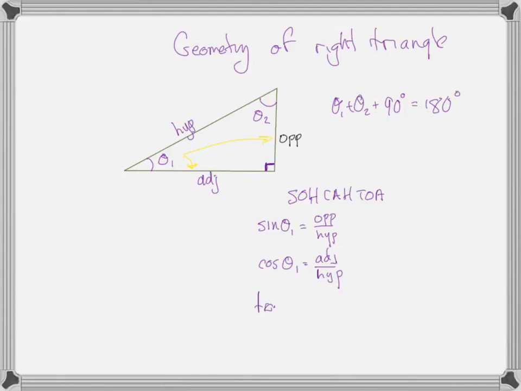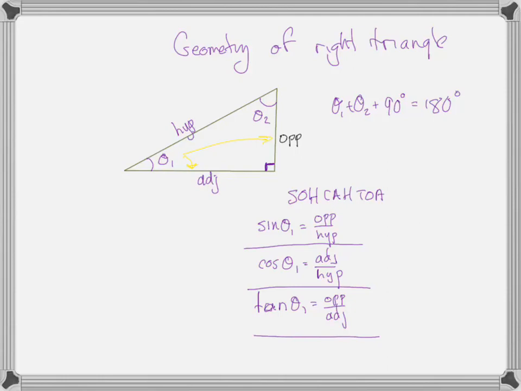TOA, the tangent of the angle is the opposite over the adjacent, right? So here, S means sine, C means cosine, T means tangent, O means opposite, H means hypotenuse, A means adjacent. So this is how we know the relationship between the angles and the sides.